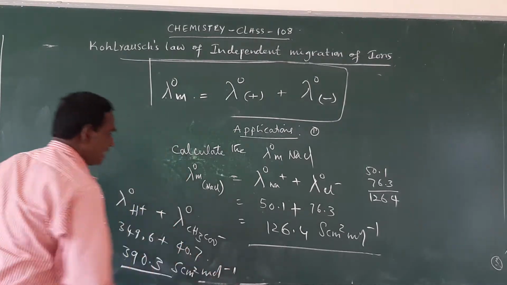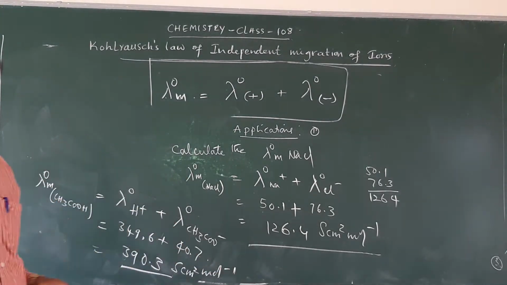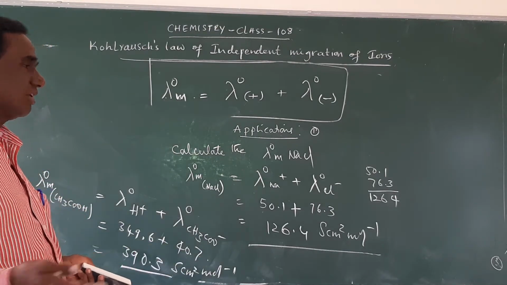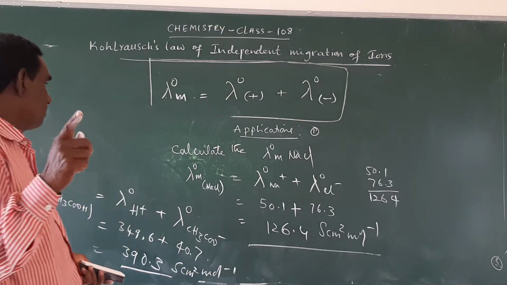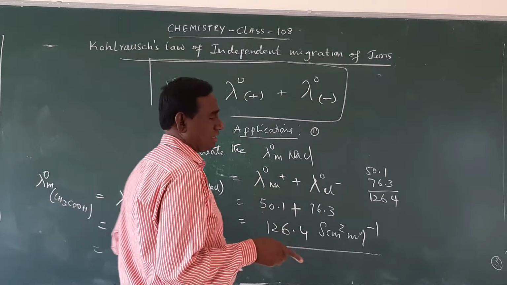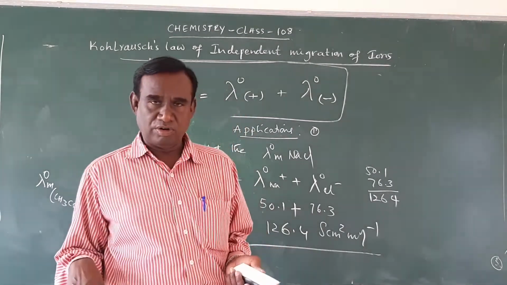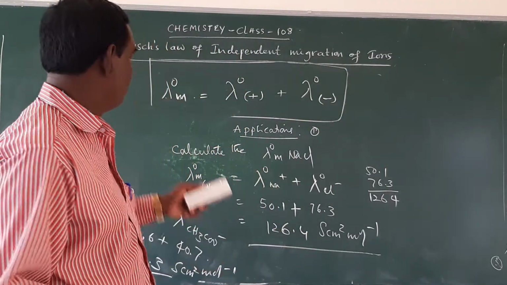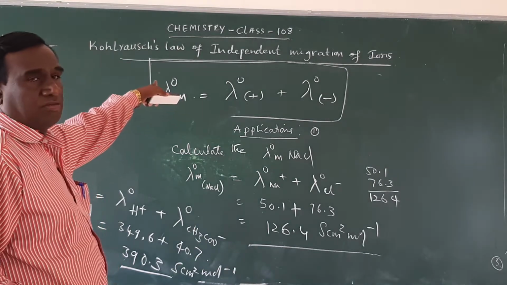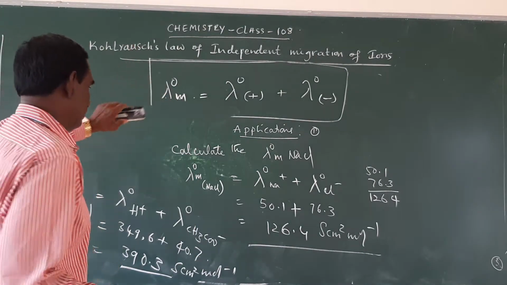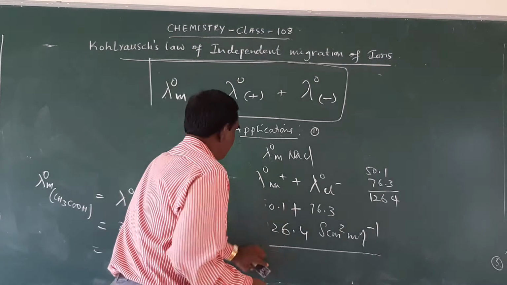So this is how we can calculate lambda naught values directly. That means the first application is that it is possible to calculate the lambda naught values using this formula. Then, next, the second application.